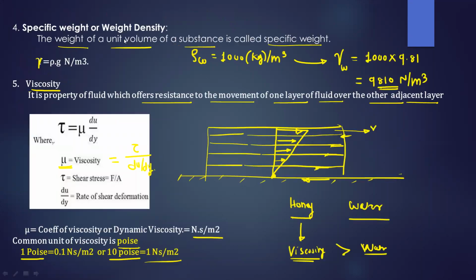Specific weight, or it is called weight density, is nothing but the weight of a unit volume of a substance.